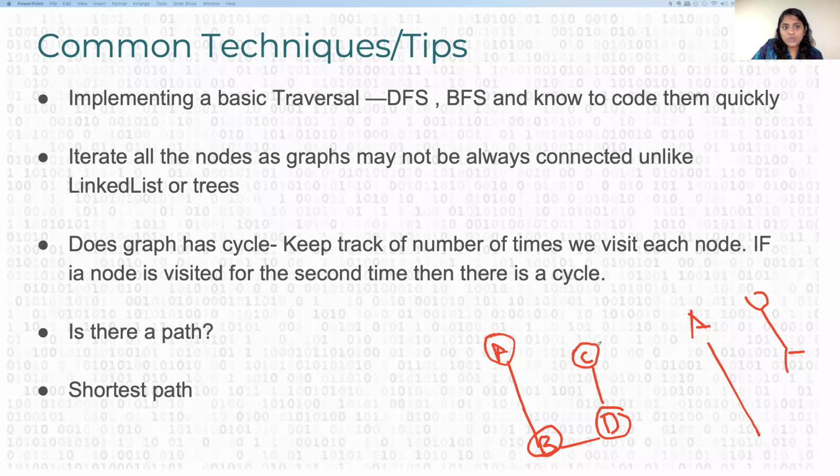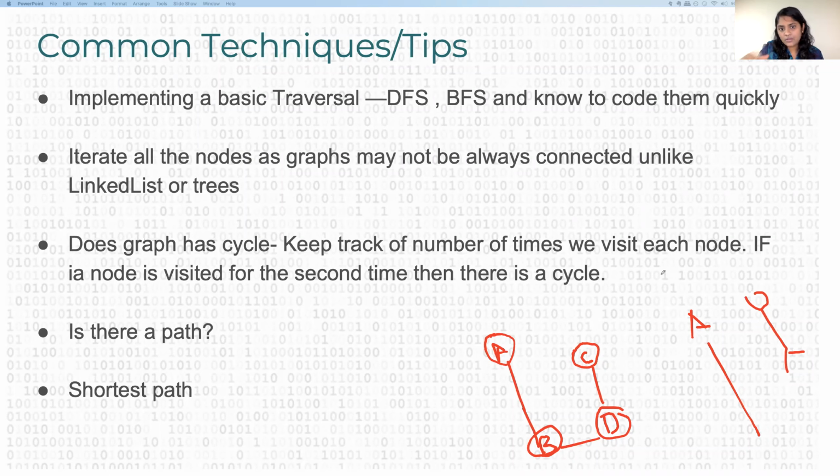And to know if that graph has a cycle or not, it could be done by just keeping track of the number of times we visit a node. If we visit the same node twice, then it means that there is a cycle, like there is a path that starts from the same node and ends at the same node.